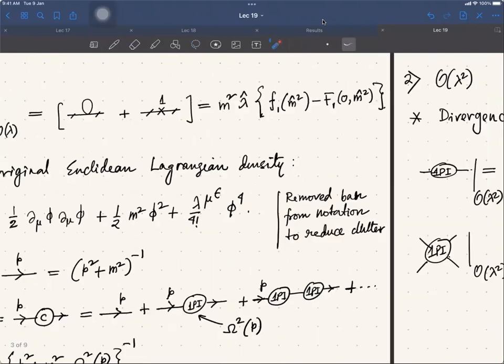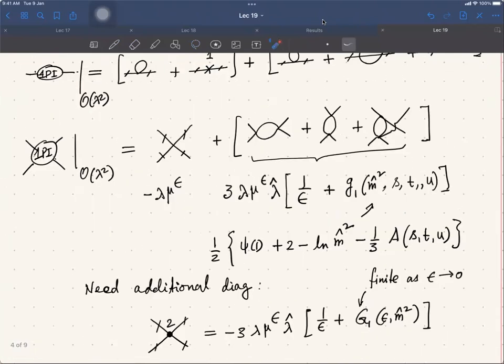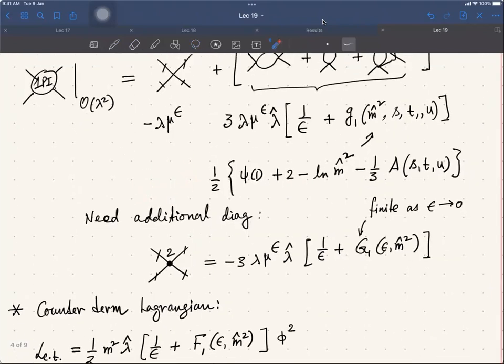Corresponding to that, the Feynman diagram coupling comes with a minus sign, and this new vertex also comes with a minus sign, and therefore the counter term Lagrangian will have the same term with plus sign.